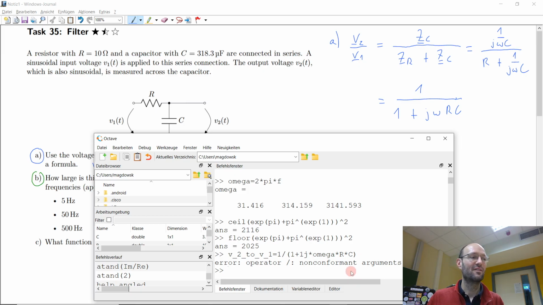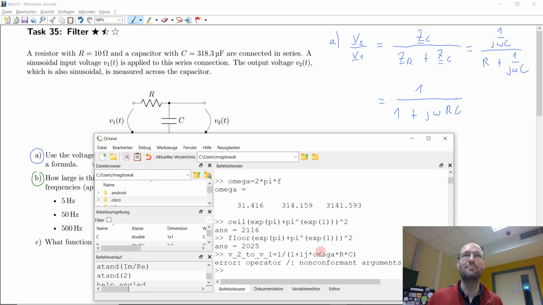So what is this error message trying to tell us? Here we have some scalar number, we have just 1, and our omega was 3 values. And we cannot divide a scalar of 1 by a vector of 3 elements. And we don't want to do this.